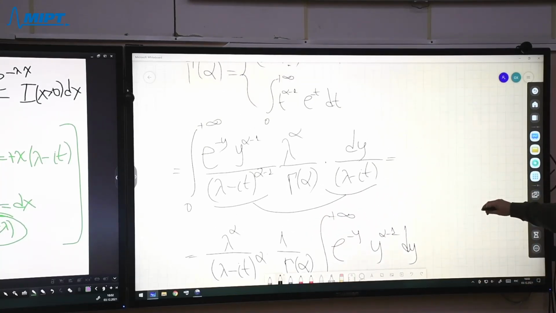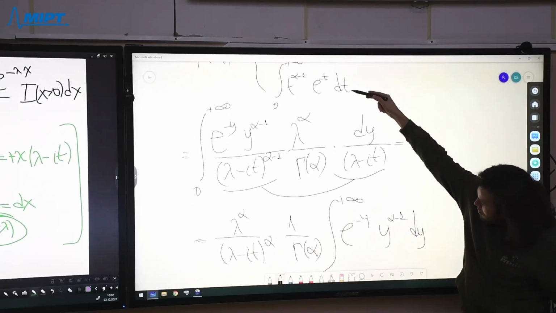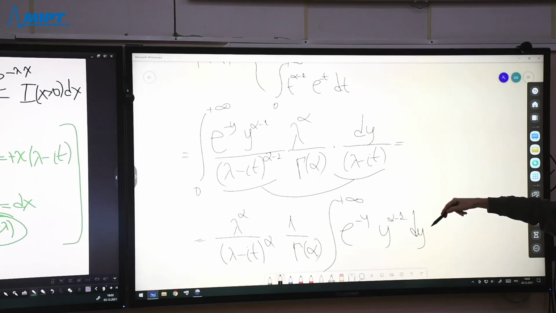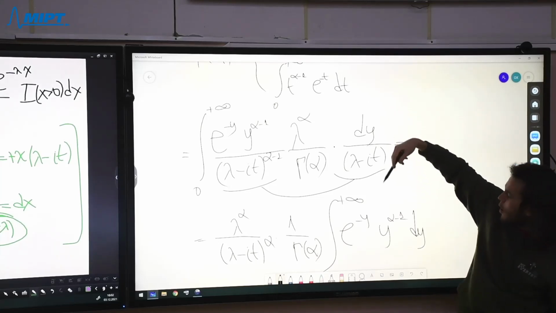Now if we go back a bit, look at this function and this function. They're the same; instead of t we have y.